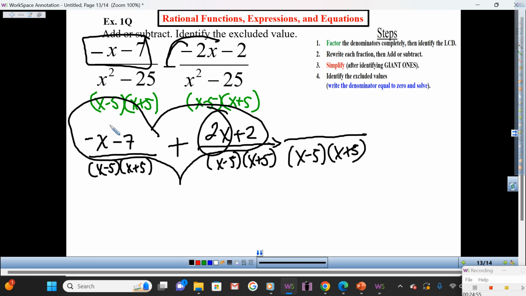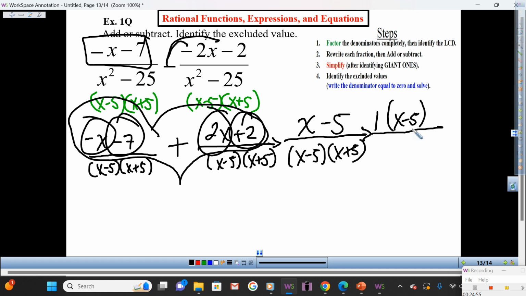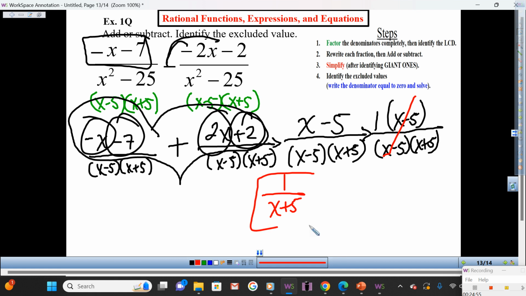So 2x minus 1x, that is x. Negative 7 plus 2, that is negative 5. Hands if you got that so far. All right. From there, what did you write for the GCF on the numerator, everyone? 1, and you left it as x minus 5, denominator x minus 5, x plus 5, and the rest is history because the giant 1 is here. Answer, 1 over x plus 5.